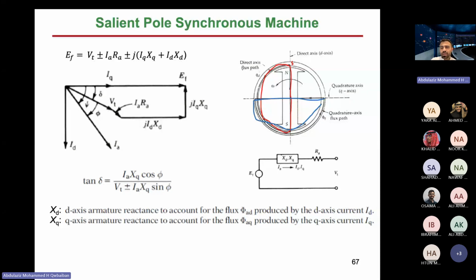For the phasor diagram, what we need is to find an equivalent X of s, but we cannot, because you have two different X's, because you have two different reluctances.